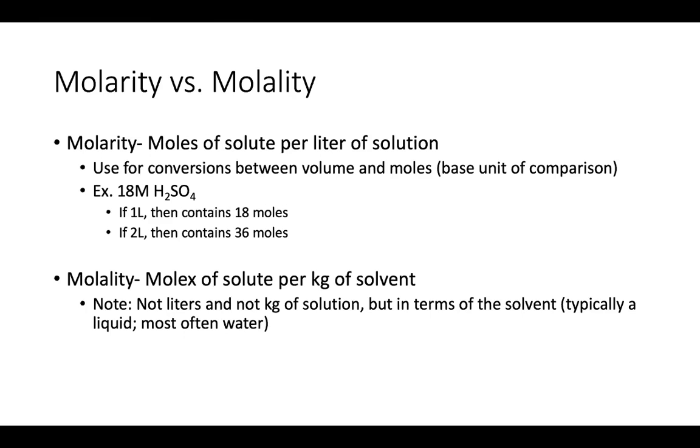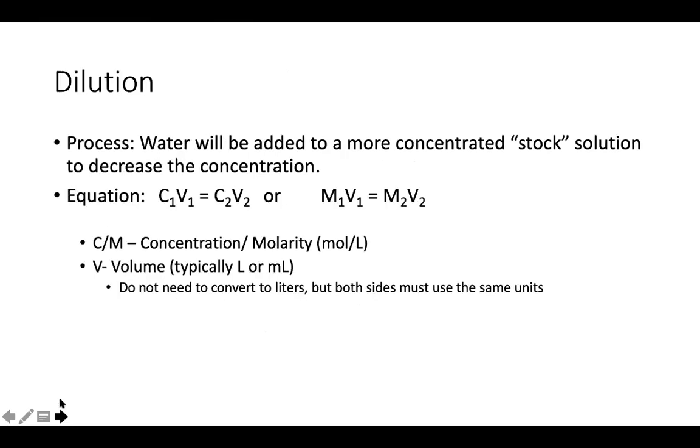Molarity is liters, which is a measure of volume. Kilograms is a measure of mass. So that's what we're using in molality. And also it's of solvent, so it's actually of what we typically see as the liquid portion, not the whole solution itself. Again, in terms of the math regarding these, we will focus on those more next week.